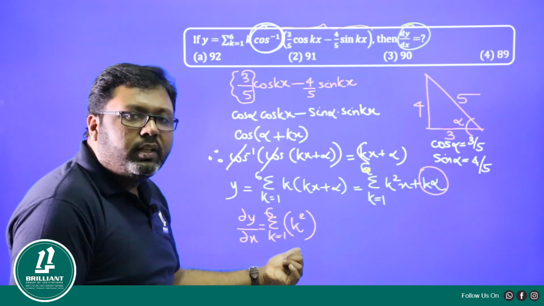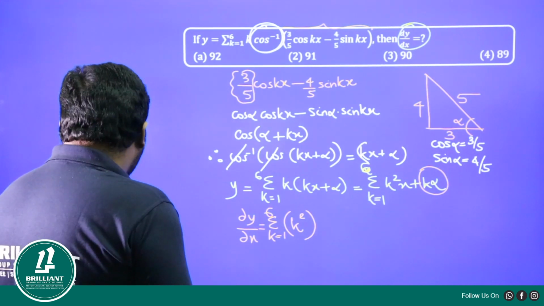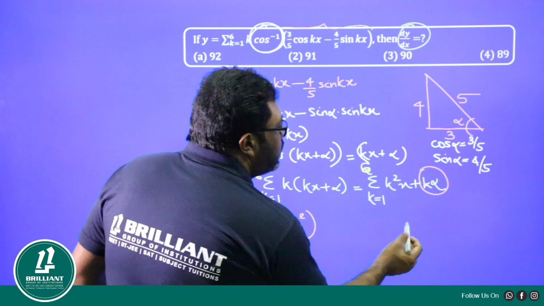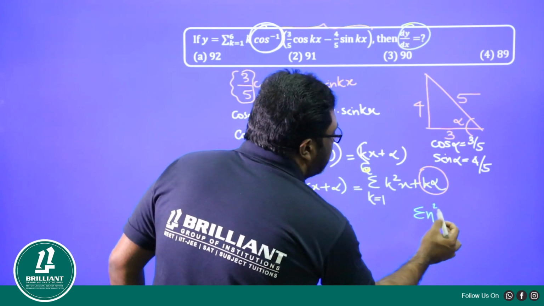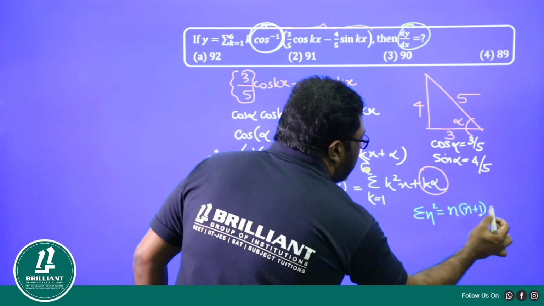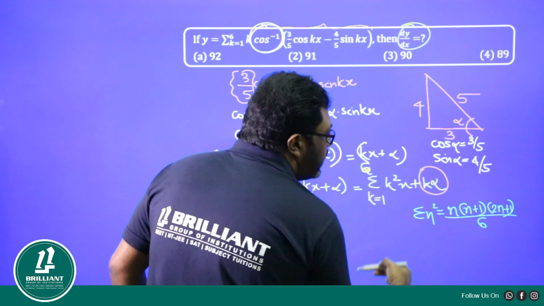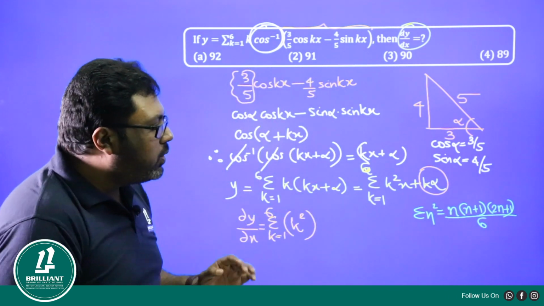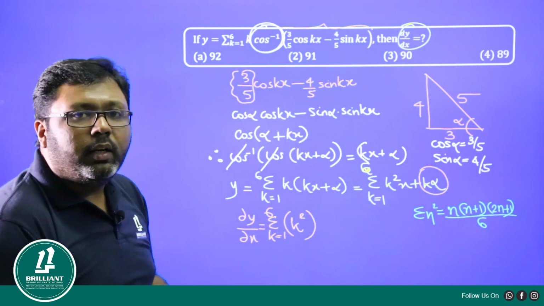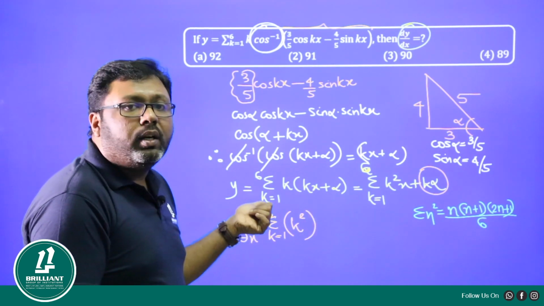This is a special series sum that you know, summation n squared. What is summation n squared? Please note it. Summation n squared is n into n plus 1 into 2n plus 1 divided by 6, where n represents the number of terms.